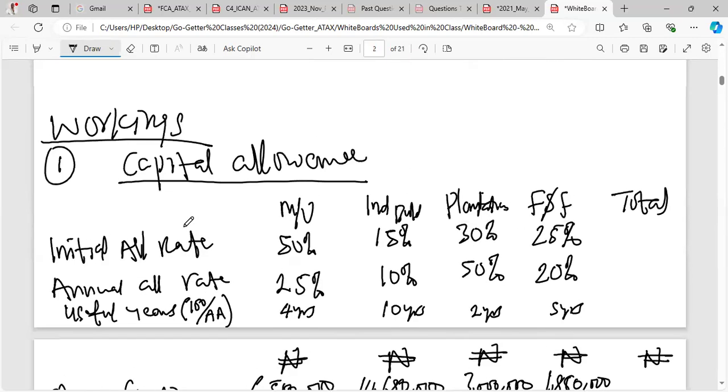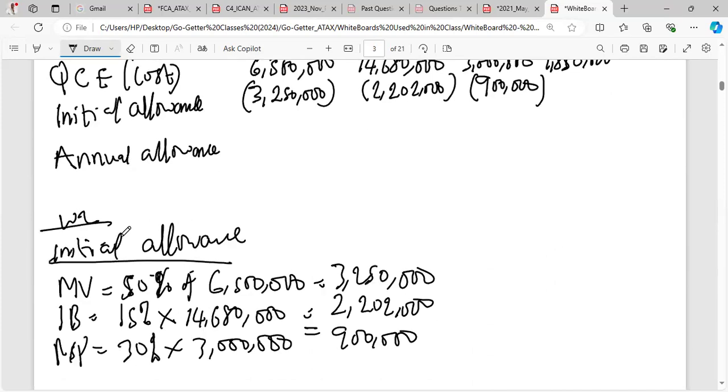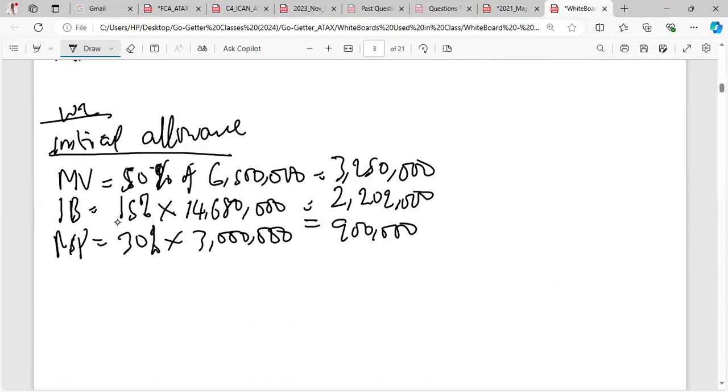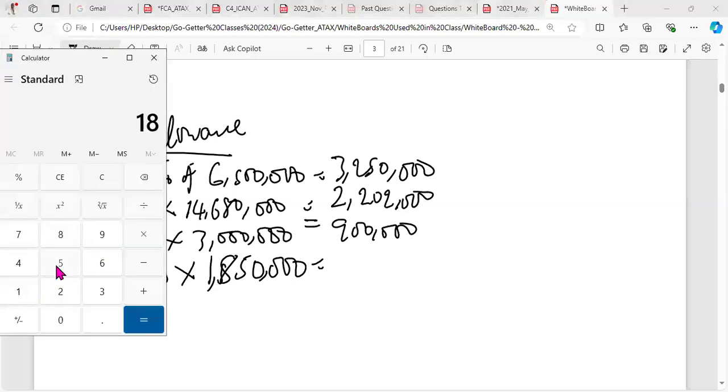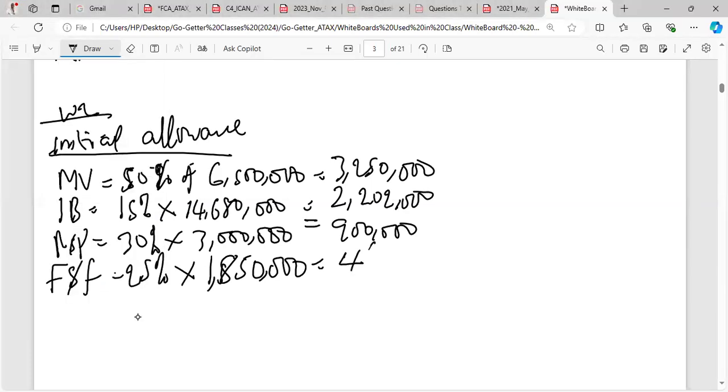Then furniture and fittings is 25% of 1,850,000. You can as well do your calculation and just put the figures, but you need to show your workings. 1,850,000 times 0.25 is 462,500.